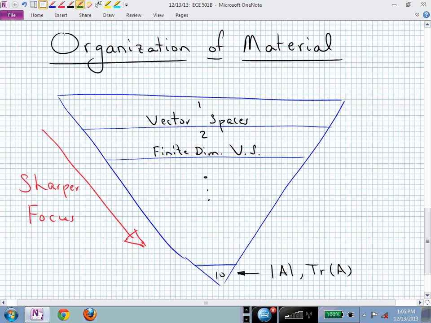But this particular approach tries to build on a strong foundation from vector spaces and then march down to a finer focused topical discussion.